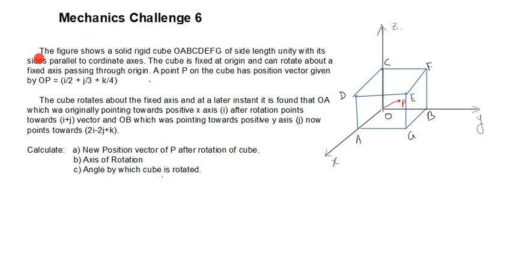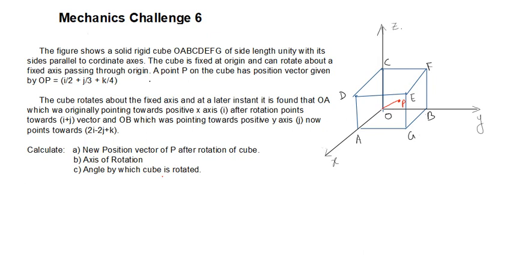The problem statement says that the figure shows a solid rigid cube OABC DEFG. As you can see here, it is a solid rigid cube of side length unity, that is one unit, with its sides parallel to the coordinate axes.